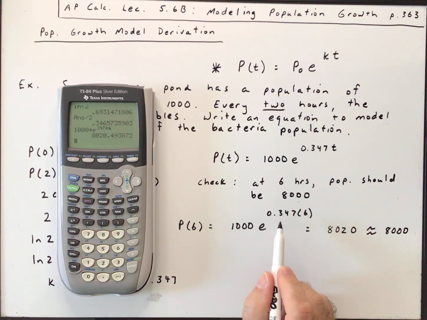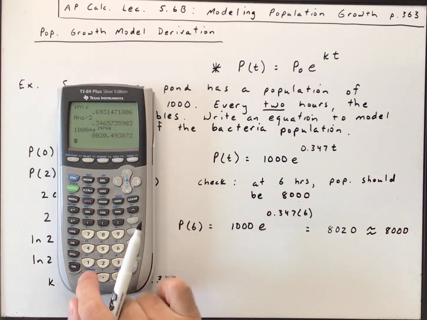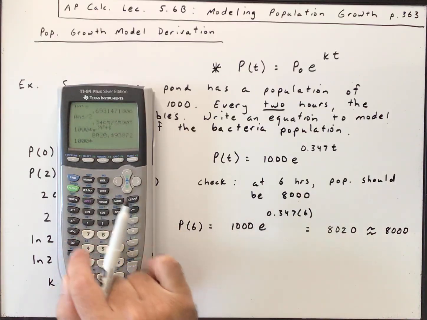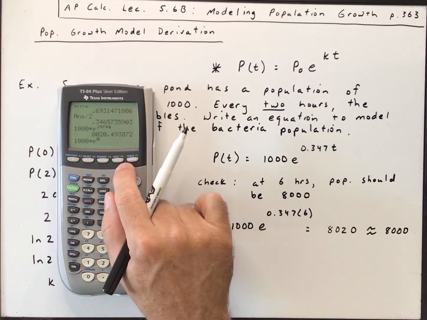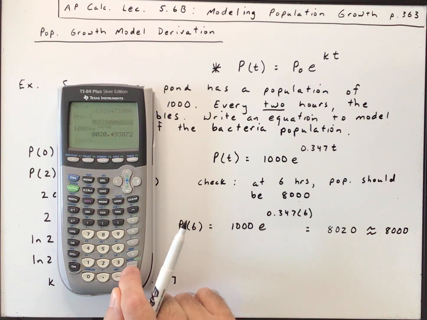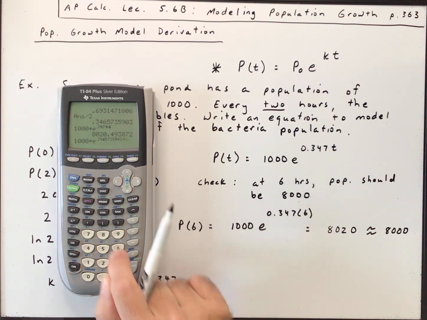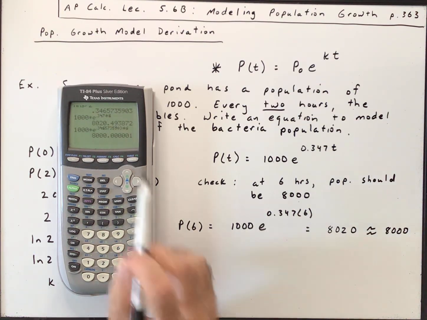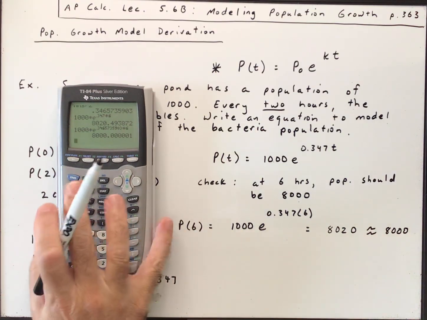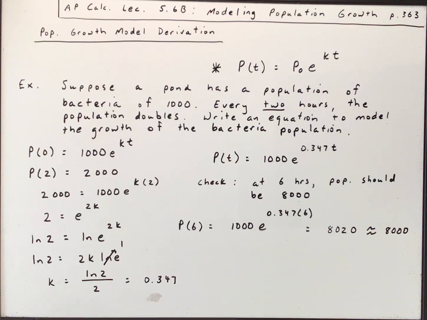I did round that quite a bit. Let's do 1,000 times E to the, and I'm gonna go up here and do the unrounded version, times 6. You see that's 8,000, almost 8,000 right on the dot if I don't round. So yeah, we could do a test there and see that our model is correct.